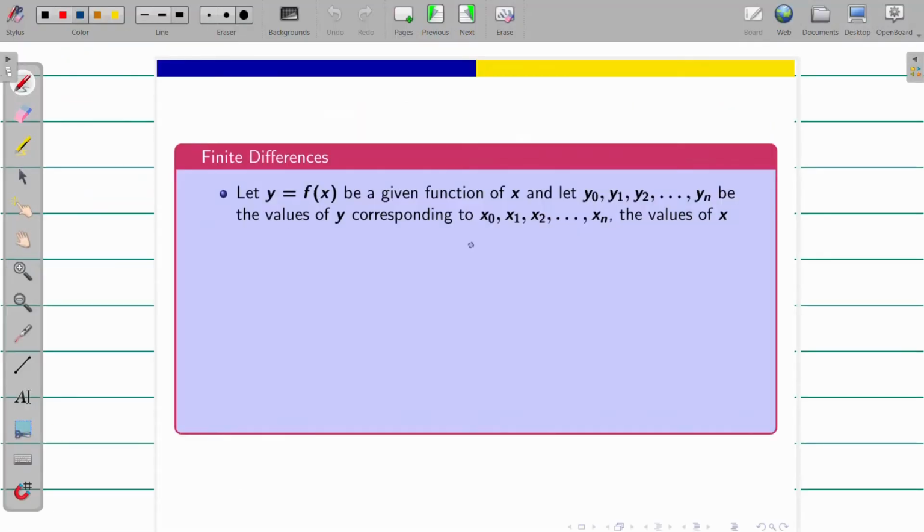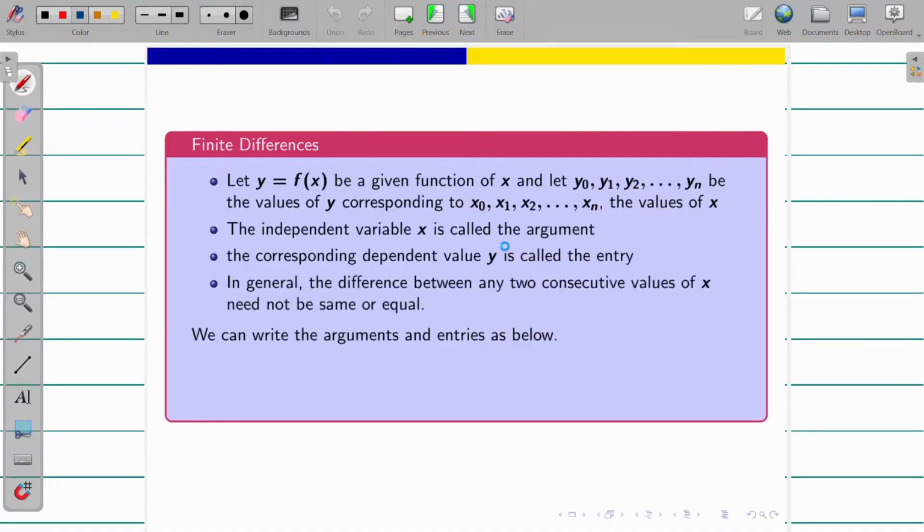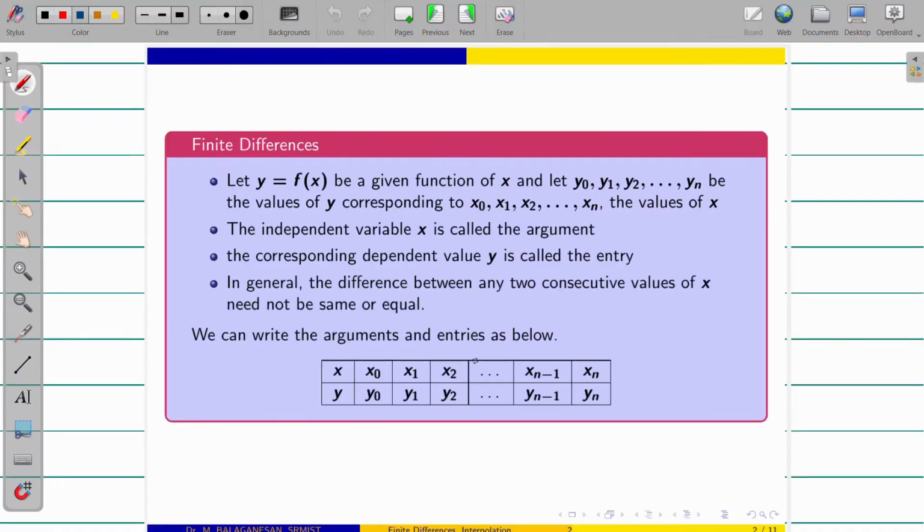For that, we need to study the concept of finite differences. Finite differences is the easiest concept. I will explain with the help of this table itself. I have the values of X as well as the values of Y: X0, X1, X2, etc., Xn and Y0, Y1, Y2, etc., Yn. For each value of X, we can get the value of Y. So this is the given data.